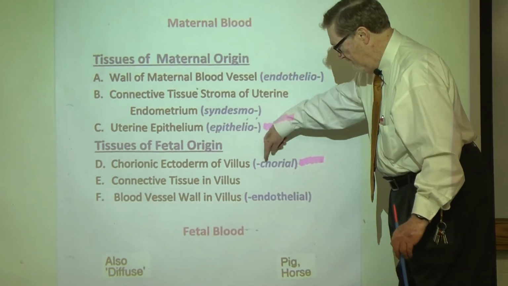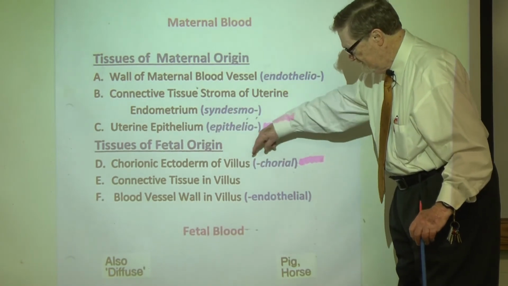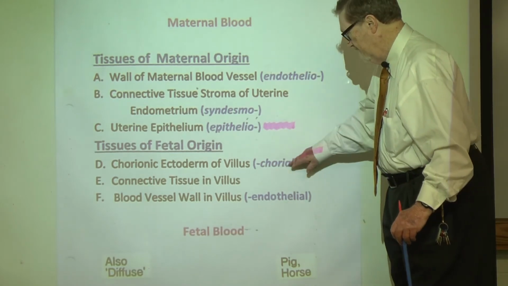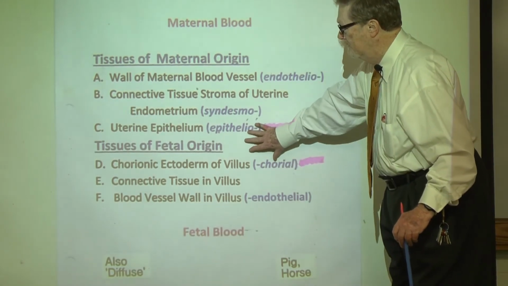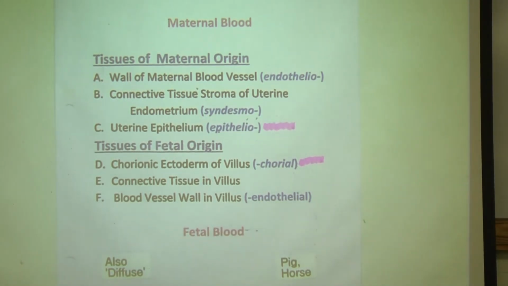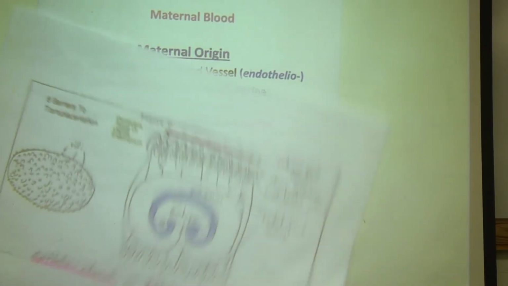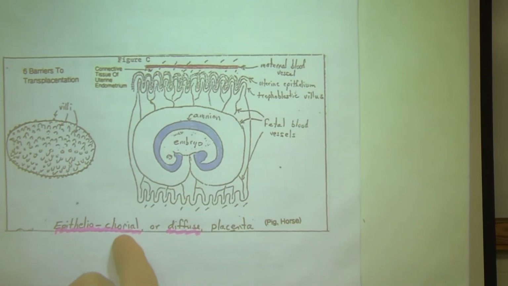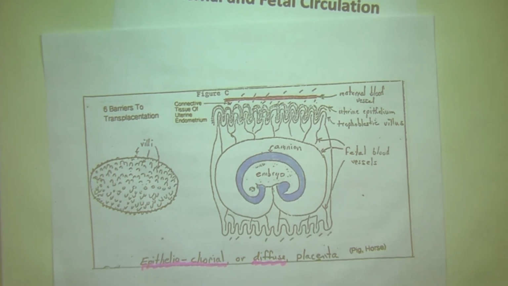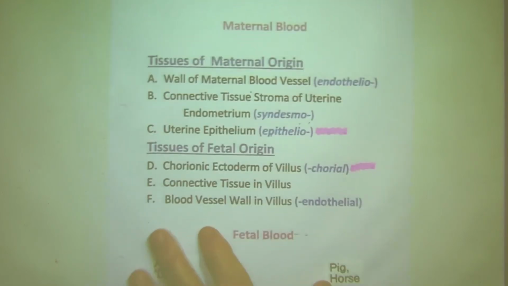So epithelio-, and the shortened term for the chorionic ectoderm is -chorial. So epitheliochorial is the second name for this type of placenta. It's an epitheliochorial or diffuse placenta, and it has, count them, 6 layers that oxygen has to go through.